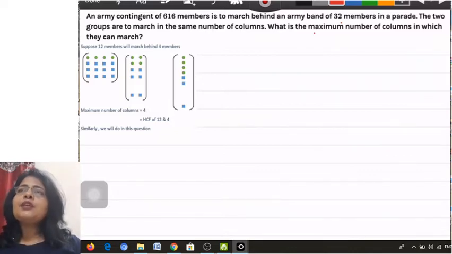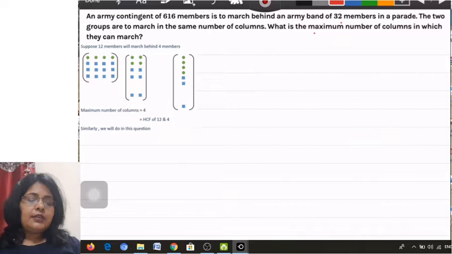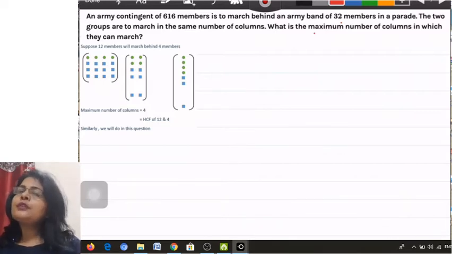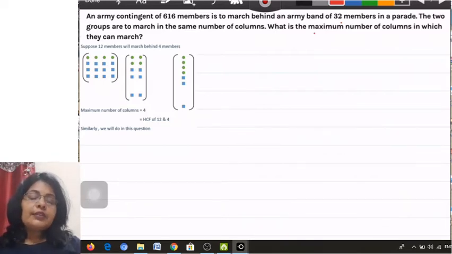Here the same thing, you just think of your assembly time. Suppose there are 1000 students in the school. You will not make 1000 lines. The number of lines will be lesser than the number of students. The same method.